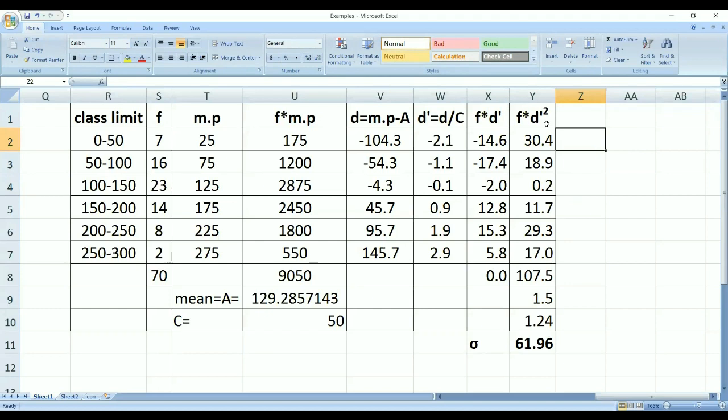This f dash d dash square. You can see the formula. This is a formula you can write down and put all the values in: sum of f d dash square and sum of f dash d dash divided by n square, and calculate the square root.